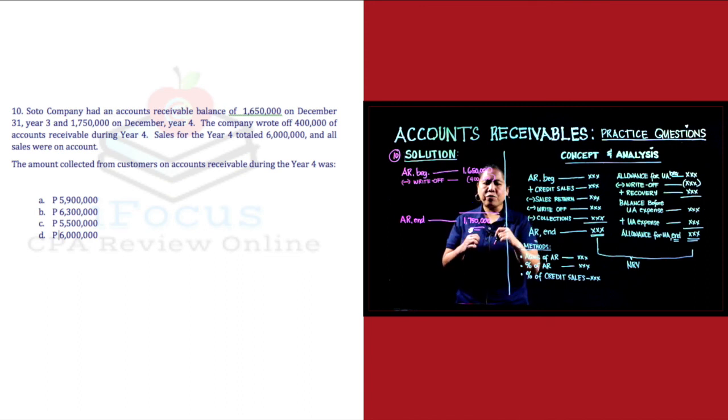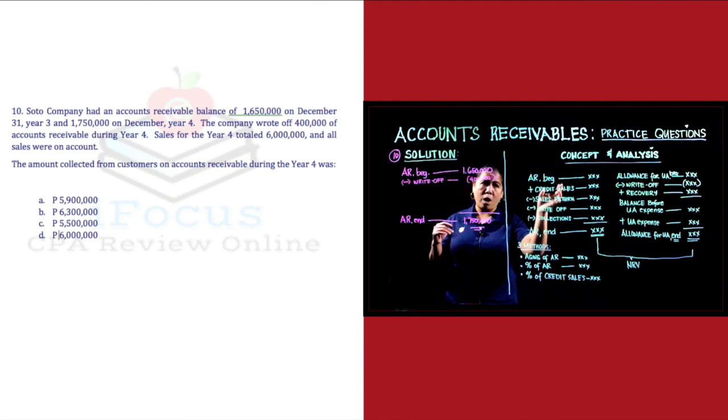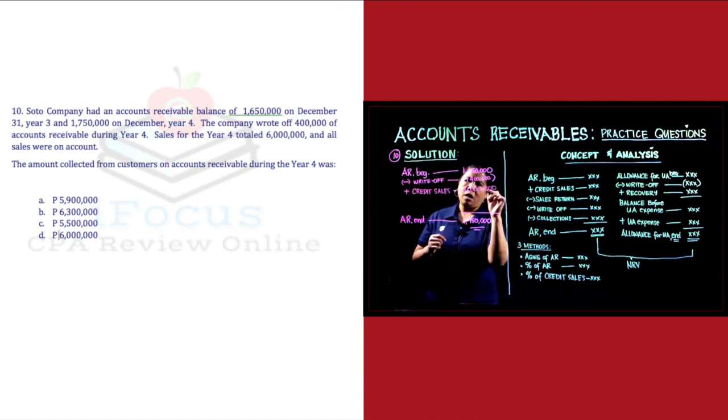Sales for the year 4 totaled 6 million and all sales were on account. So, lahat po ng 6 million ay credit sales natin. Alright? So, ano bang effect ng credit sales sa ating accounts receivable? That is additions to our accounts receivable. Alright? Kasi ang entry natin is debit to accounts receivable and credit to sales. So, our credit sales is 6 million.